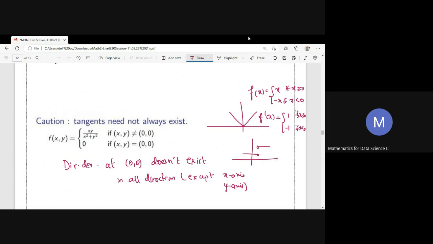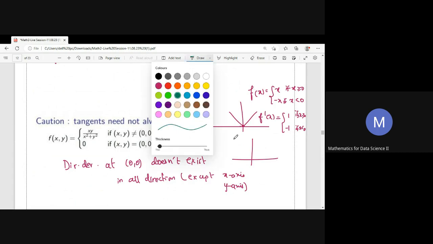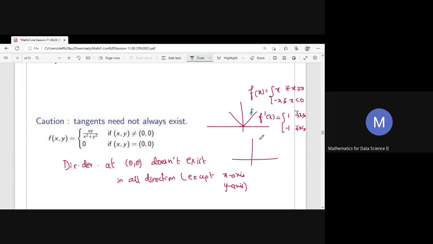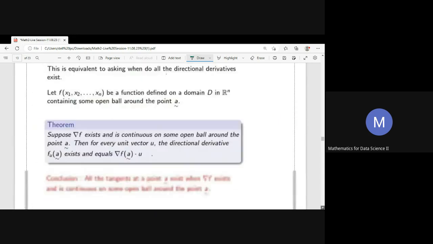So at 0 you see the function is becoming discontinuous. I am drawing the function f dash here. This is the function f, and f dash is 1 for x greater than or equal to 0, and minus 1 for x less than 0. So at 0, f dash is discontinuous, and that is why you see that here you don't have a tangent.